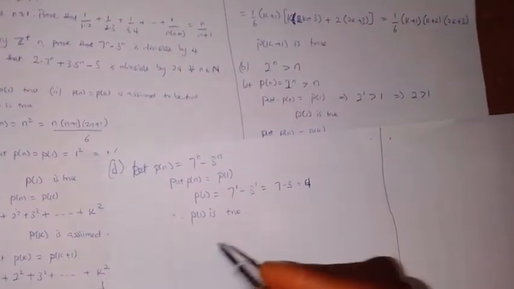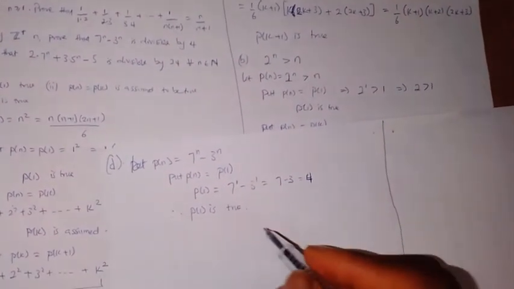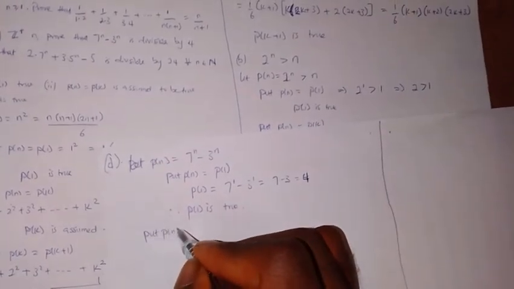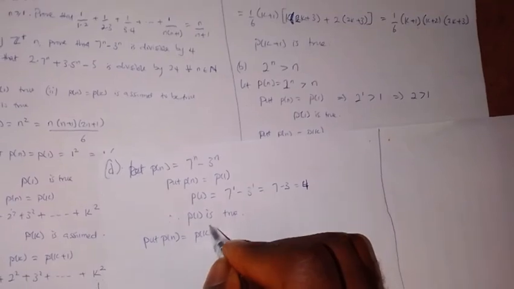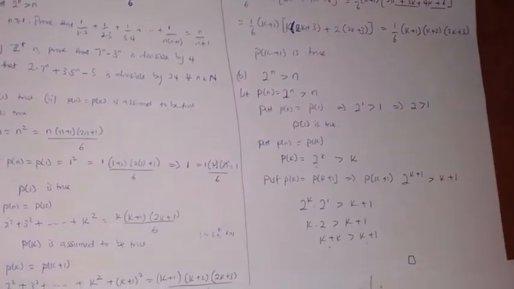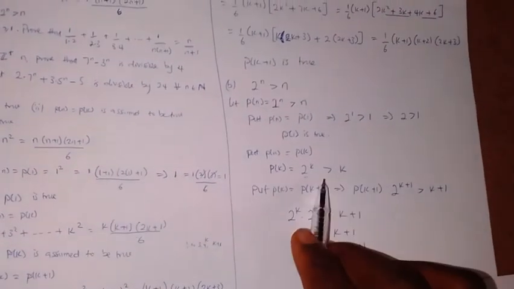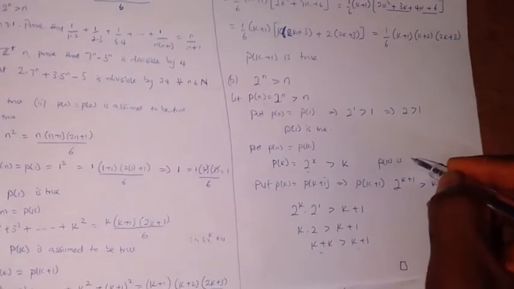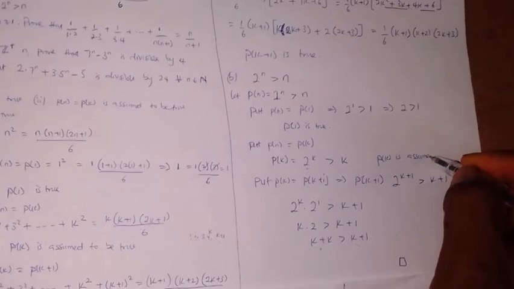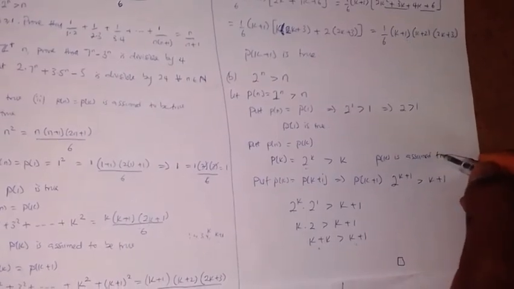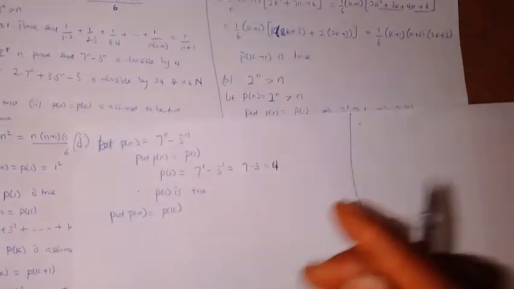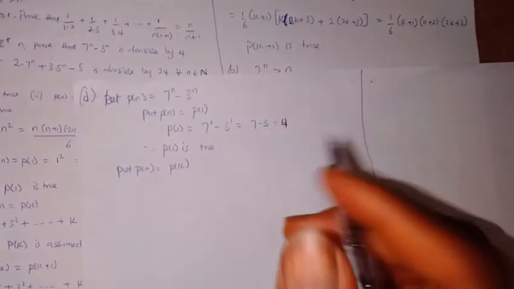Now, after getting your P of 1, what will I do next? Put P of n to be equals to P of k. For this question, after putting my P of k, I'm supposed to make a conclusion that my P of k is assumed to be true. Now, let's go back to this question.